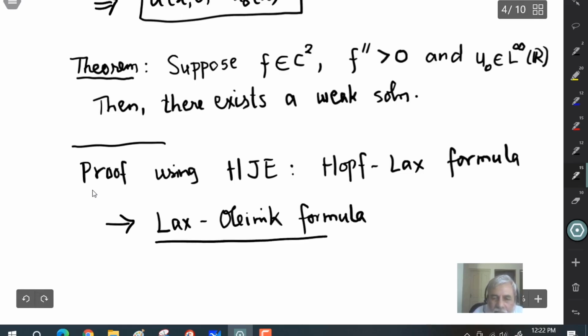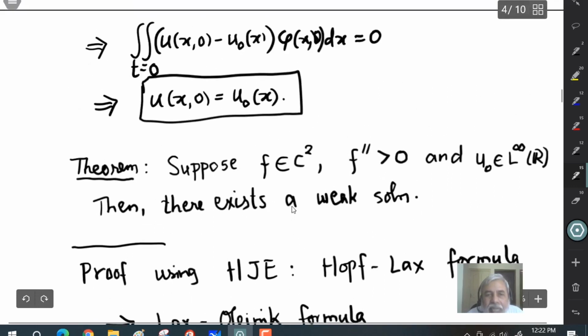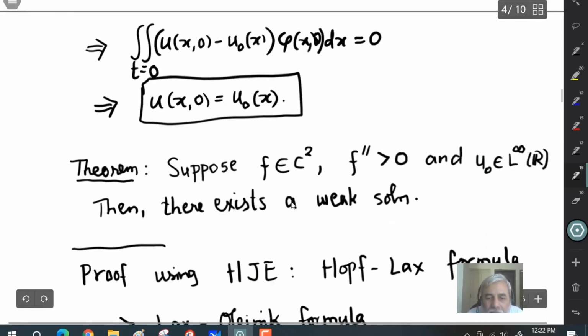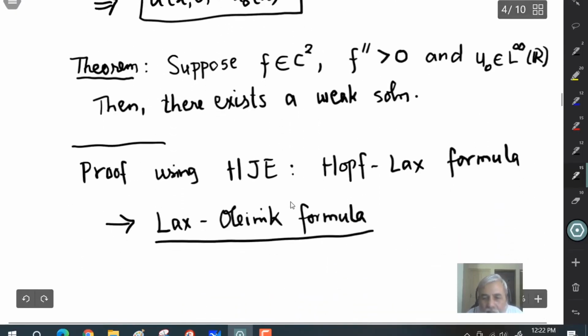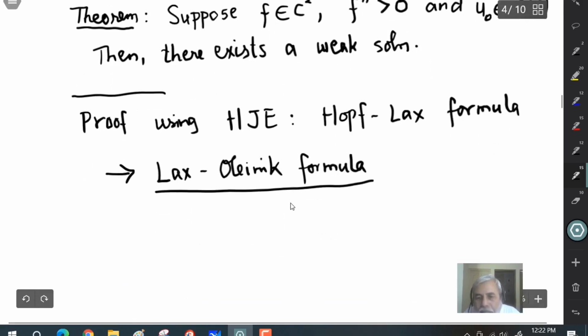This will take us some time, deriving the Lax-Oleinik formula using the Hopf-Lax formula, and then we verify that the solution given by the Lax-Oleinik formula is indeed a weak solution of the scalar conservation law. So this we will take up in the subsequent classes. Thank you.